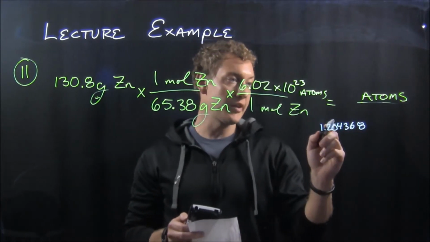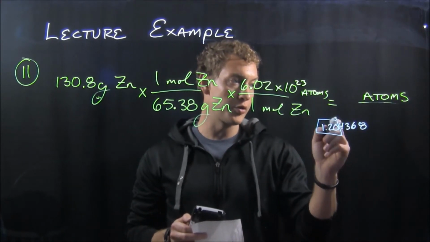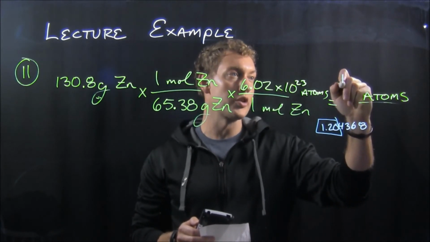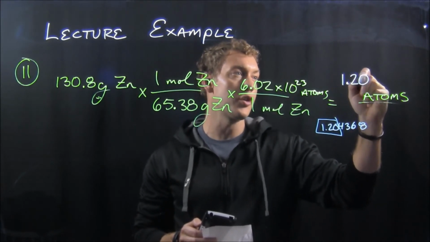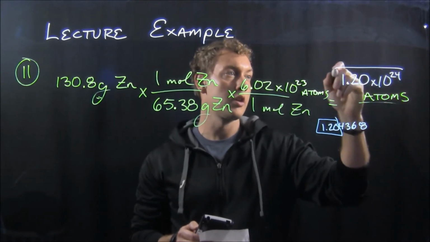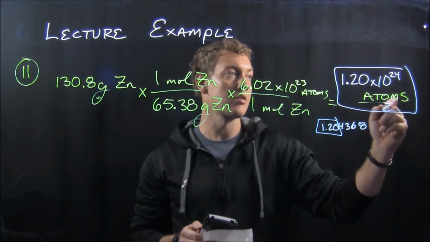If I'm going for 3 sig figs, then we're going to grab those 3, 4 rounds down. So our answer that we're going to report is 1.20 times 10 to the 24th atoms of zinc.